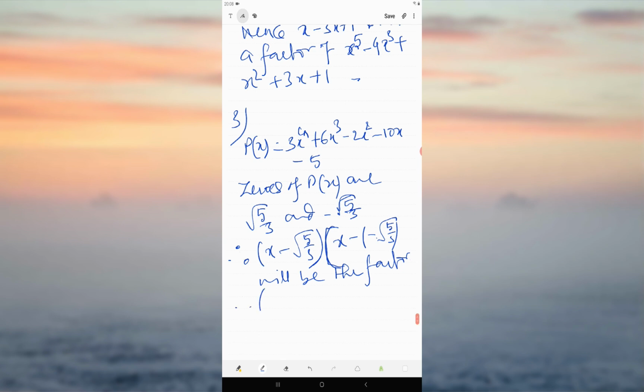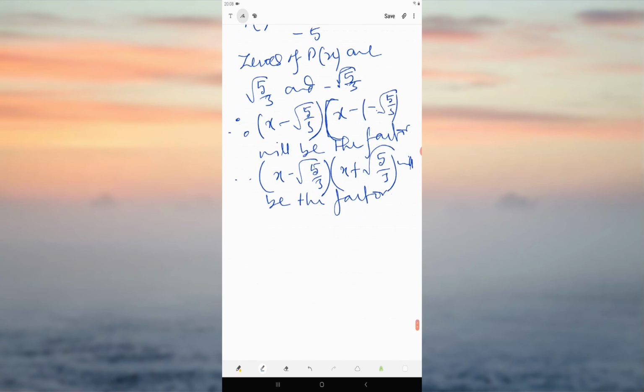That means x minus root 5 by 3 into x plus root 5 by 3 will be the factor. Can you see this? a minus b into a plus b. What is the formula? a minus b into a plus b is a square minus b square.